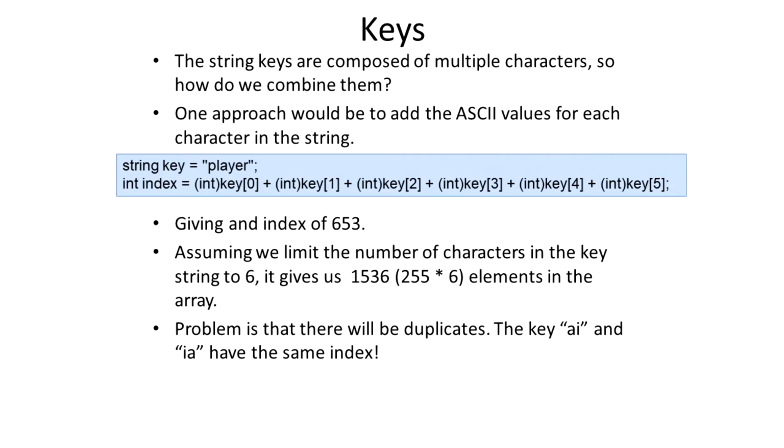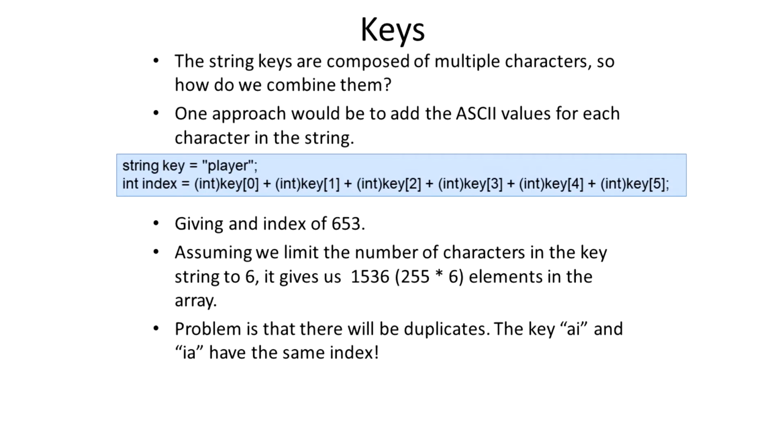Remember that each string acts as an array where the individual characters of that string are stored in separate array elements. So here you'll see key element 0 referring to P, and then key element 1 referring to L, and so on and so on. And then we add the ASCII codes of those letters together to create the sum, which in this case is 653.